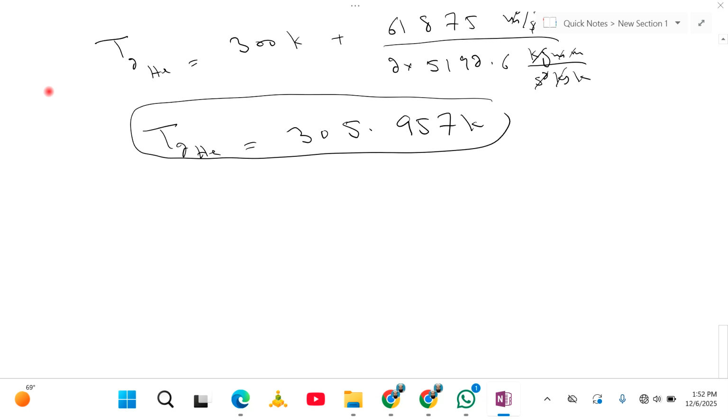Now the exit temperature for nitrogen: the formula is T1 plus C1 square minus C2 square divided by 2 Cp of nitrogen.